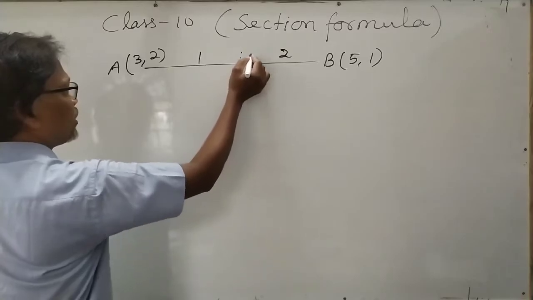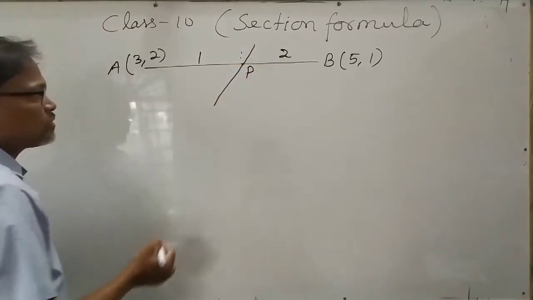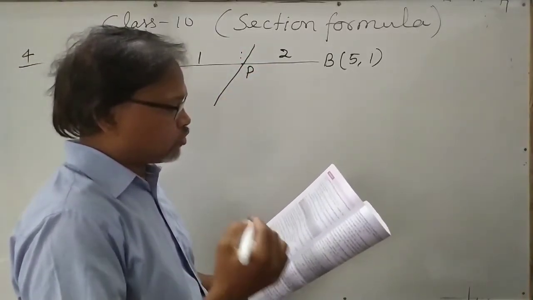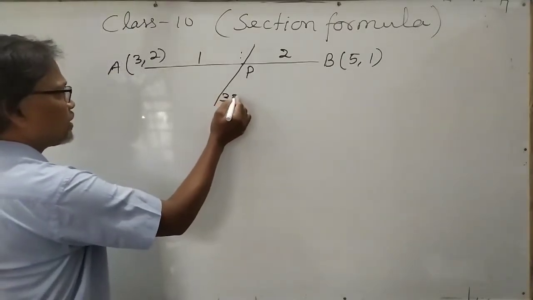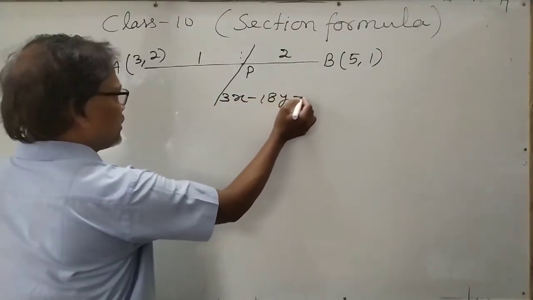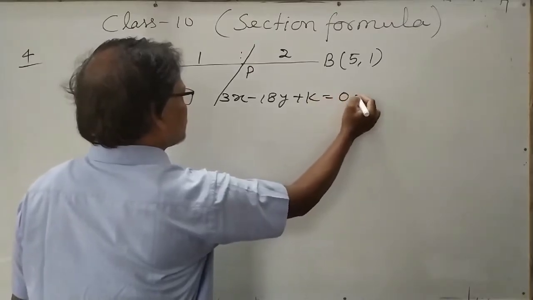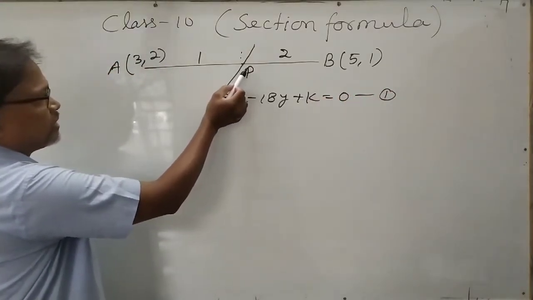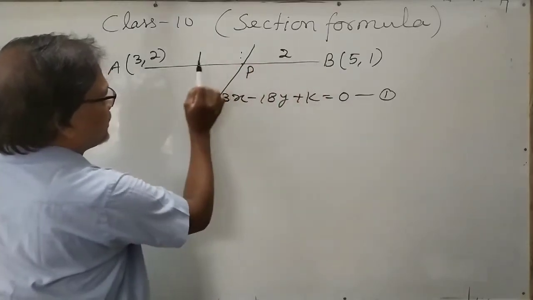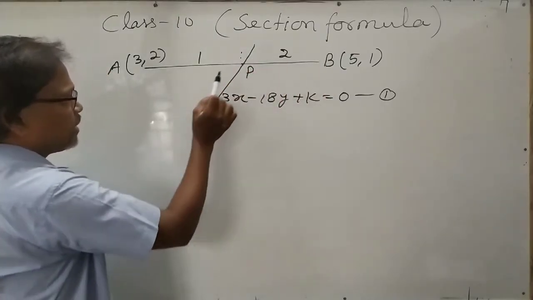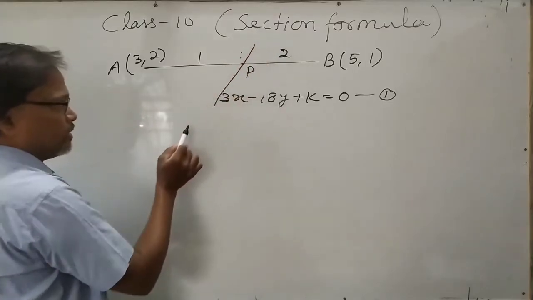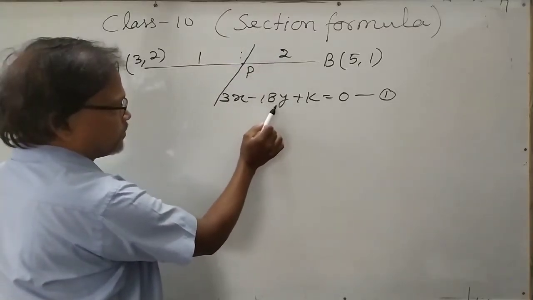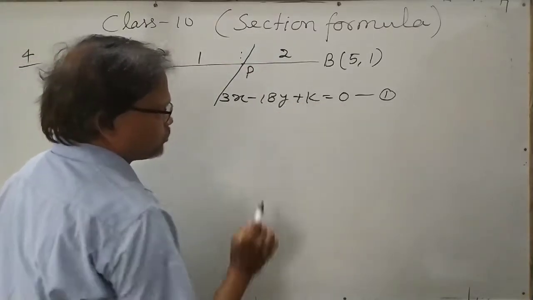This point P also lies on the line 3x minus 18y plus k is equal to 0. Means this point P divides the line AB in the ratio 1:2, but also lies on another line, 3x minus 18y plus k is equal to 0.